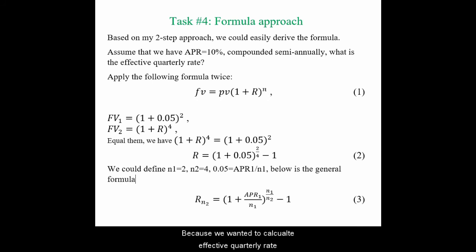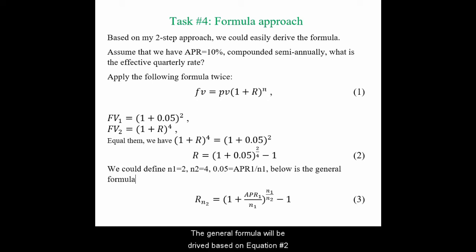Because we want to calculate the effective quarter rate, future value 2 equals 1 plus r raised to the power of 4. Why 4? Because we want to calculate the quarterly effective rate. We equate them and solve for the effective quarter rate.